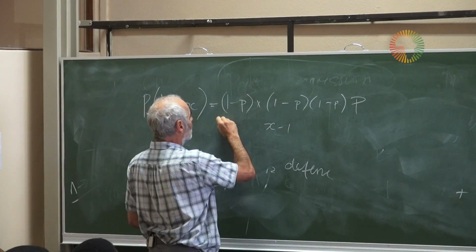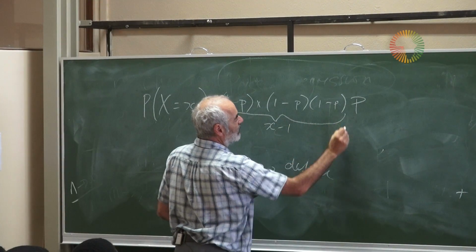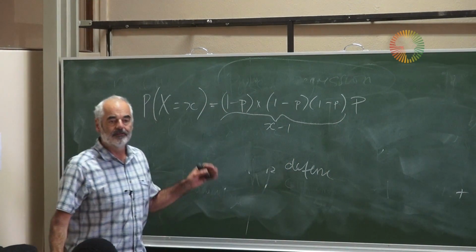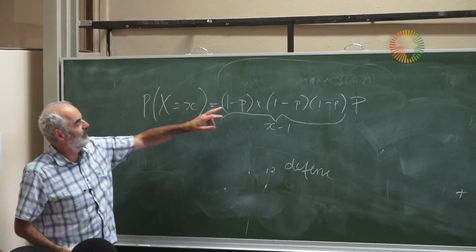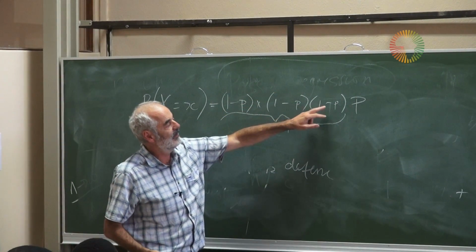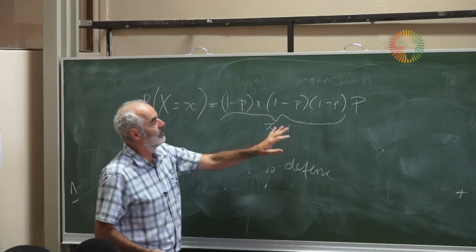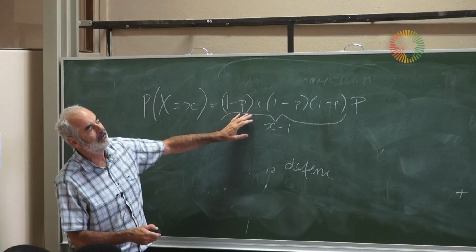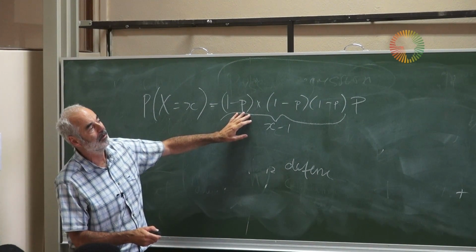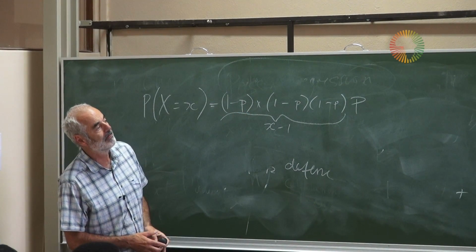So there were x minus 1 failures and then 1 success, just like on the coin: failure, failure, failure, failure, and then success. So we derive immediately that the density is 1 minus p to the x minus 1 times p.